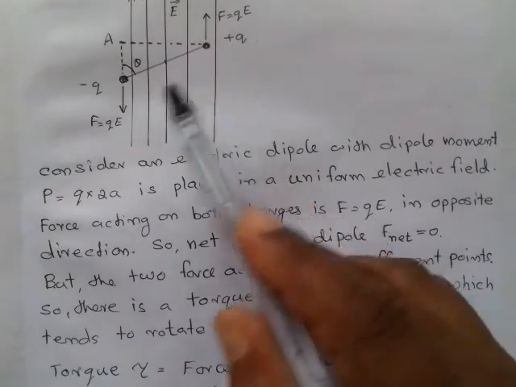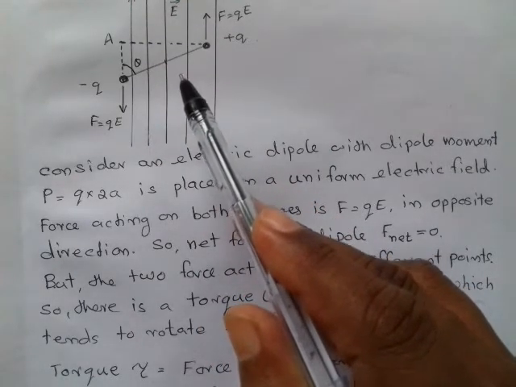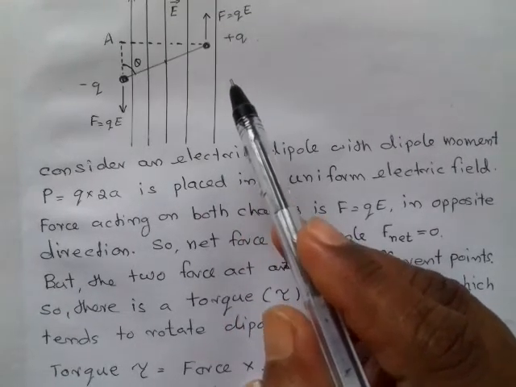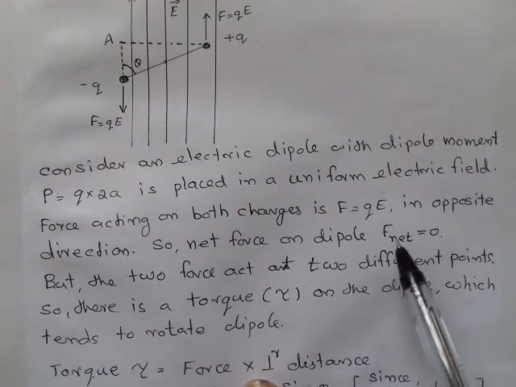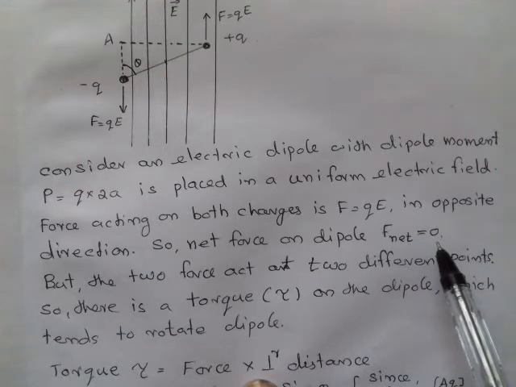Since this dipole is very small, we can consider it as a point object. On a point object, two forces are acting in opposite directions, so they cancel each other and the net force acting on the dipole is 0.